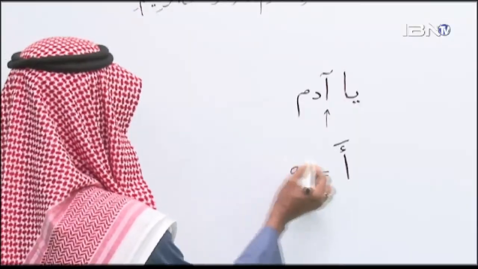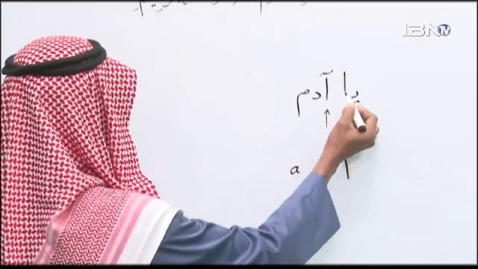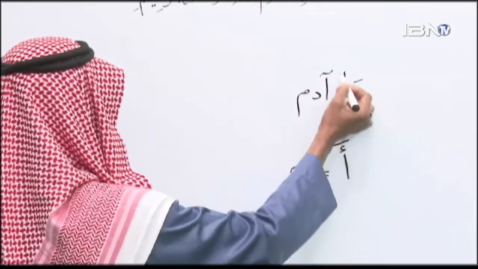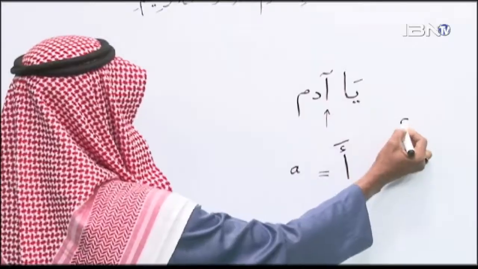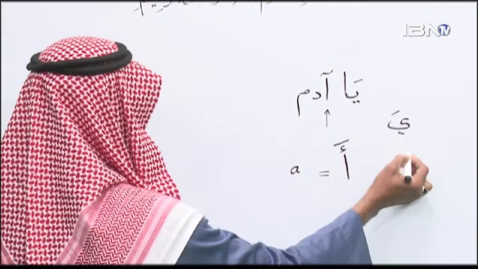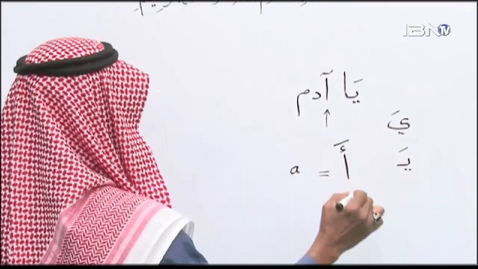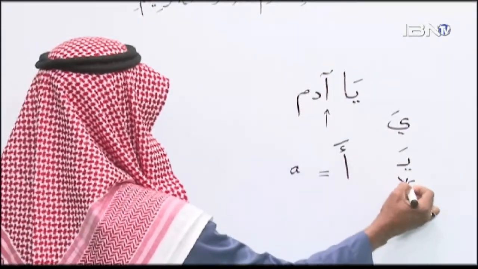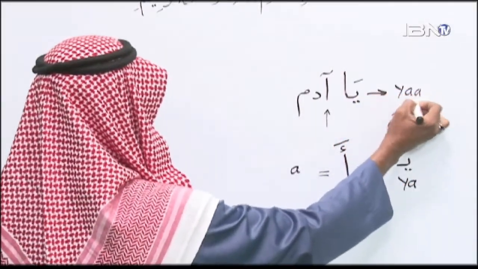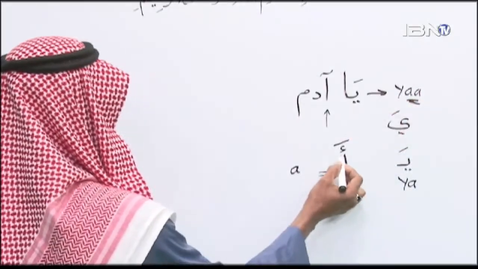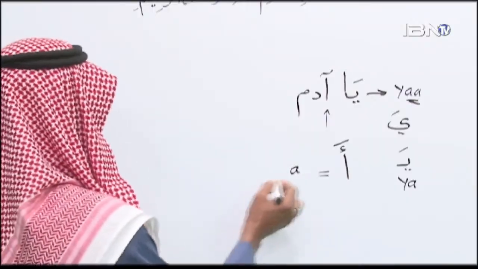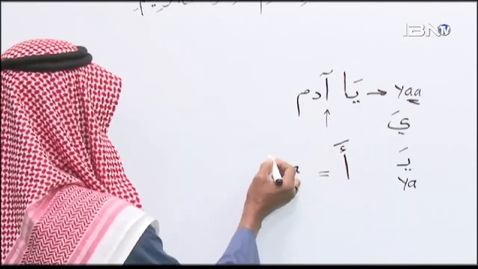But if you have to lengthen this, like how we add the alif, which is a lengthener, lengthening the fatha sound. This is ya. Ya by itself is just ya. But if we want yaa, here is yaa. So we have ah. Supposing now we want to get aah. How are we going to add an alif to that?